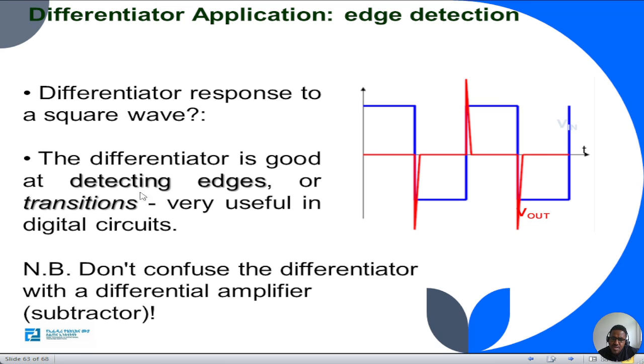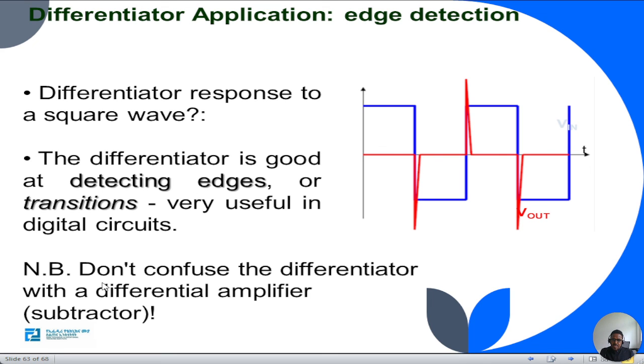The differentiator is good at detecting edges or transitions, which is very useful in digital circuits.